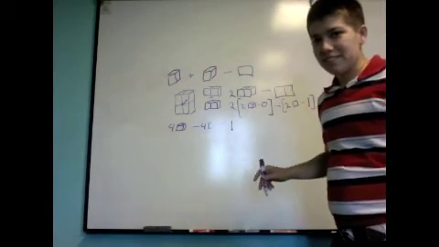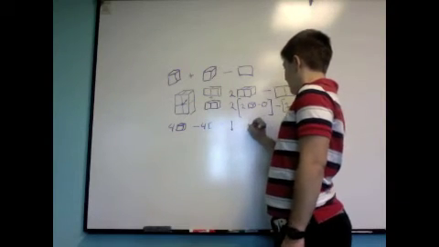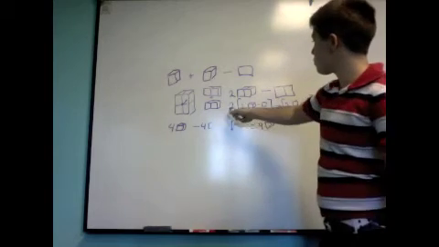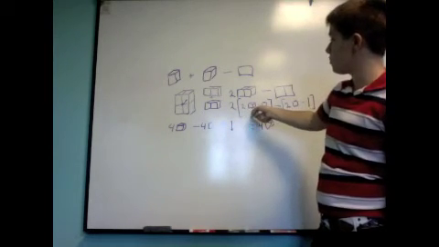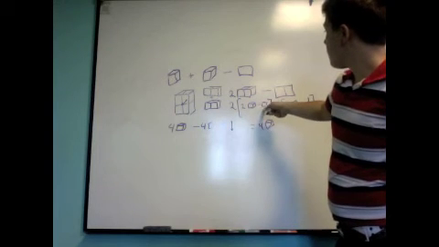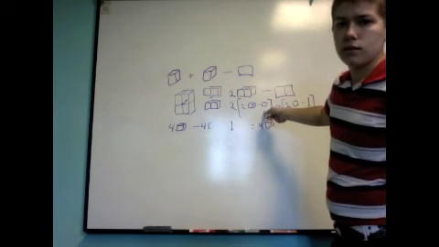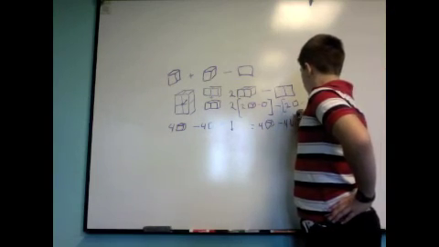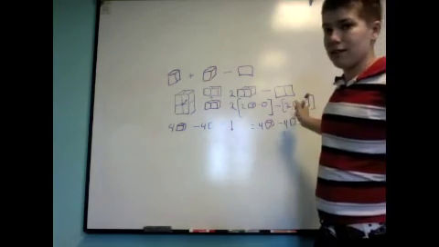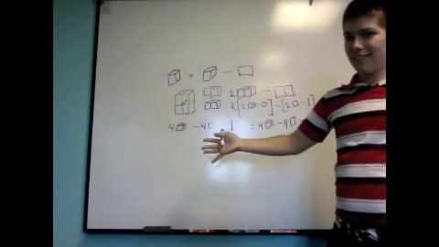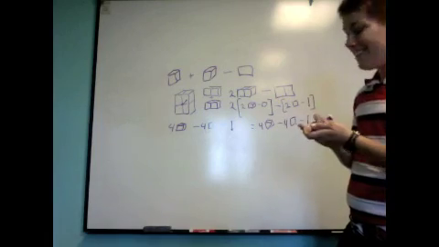Put all that together, and you get, we have 1 times 2 times 2 cubes, so you have 4 cubes. So this is negative 2 faces, and then here we have negative 2 faces, so minus 4 faces, and then minus a line. There you go.